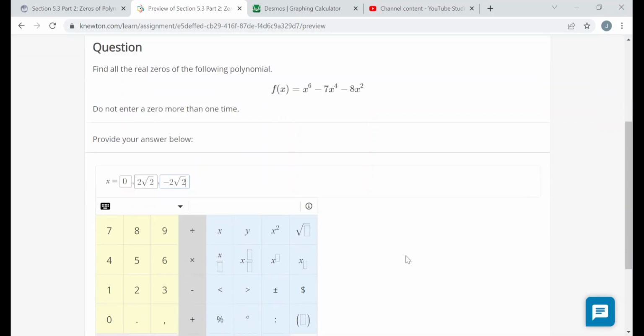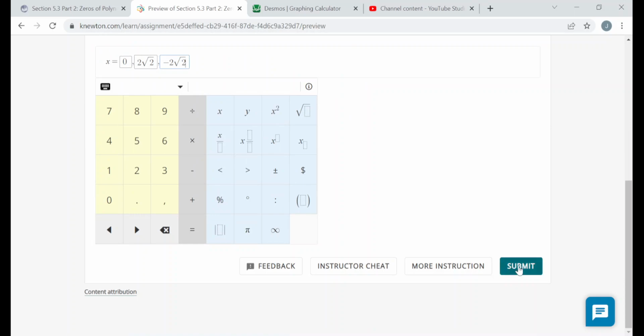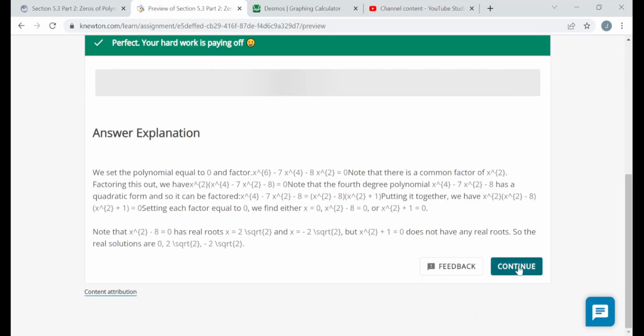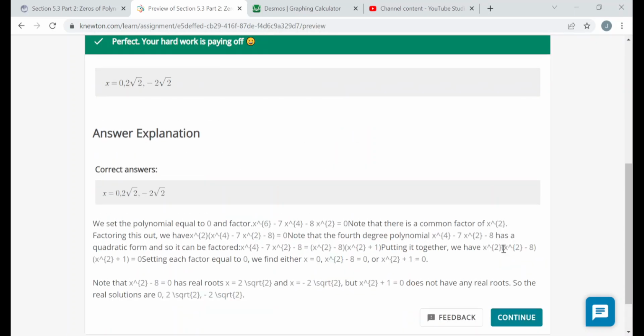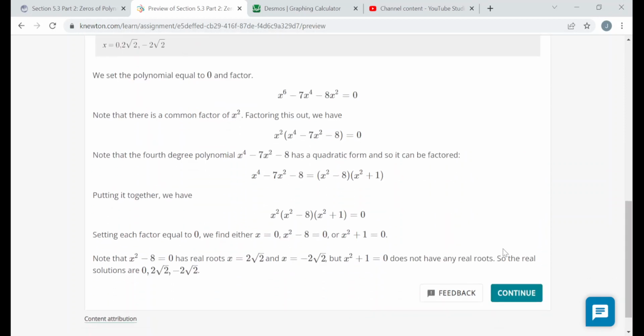Again, the real zeros only. Wonderful. And once again, please read through the answer explanations. Okay. Next question.